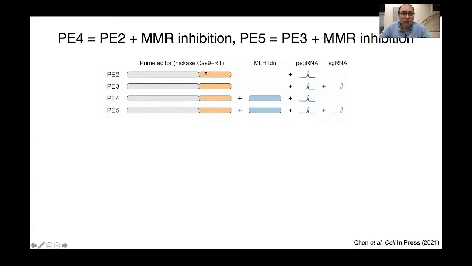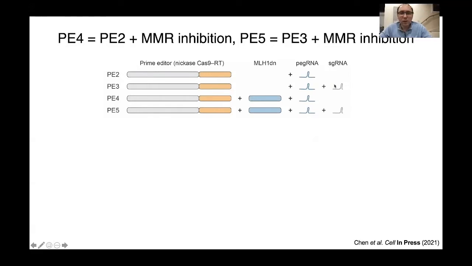Here's a table now showing the different components involved in each of these different prime editor strategies, just so I can most accurately describe the nomenclature. So PE2 strategies use just the prime editor itself and the pegRNA directing the enzyme and encoding the desired edit.